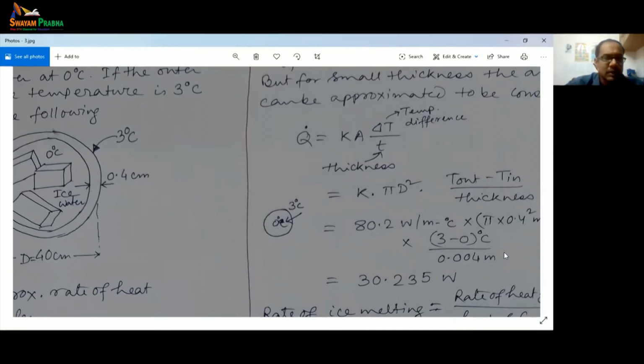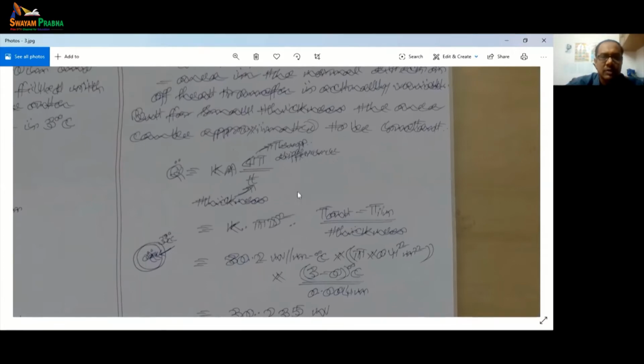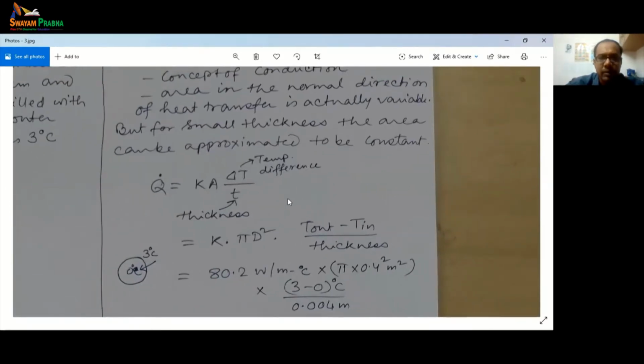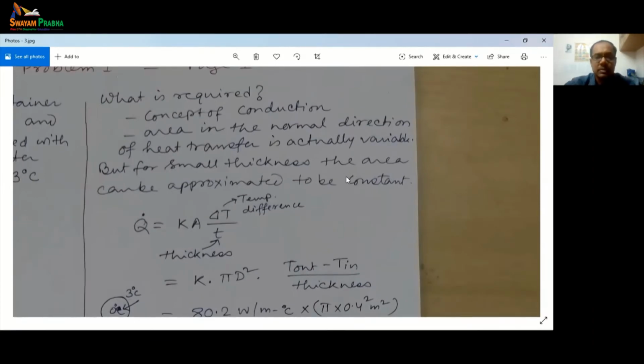But what is important there is that all those equations and boundary conditions you will need to actually solve this problem accurately. But here we are after a very approximate analysis. So what we are doing, we are going to consider the area to be constant or not variable.